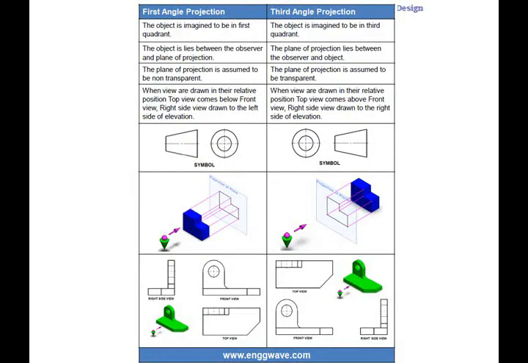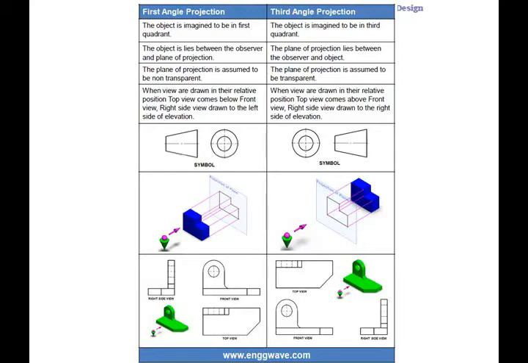Okay, so just quickly recapping the differences between the first angle projection and the third angle projection. The object is imagined to be in the first quadrant in the first angle projection. In the third angle, the object is imagined to be in the third quadrant. Now we see the object is between the observer and the plane in the first quadrant, and in the third quadrant the plane sits between the observer and the object.